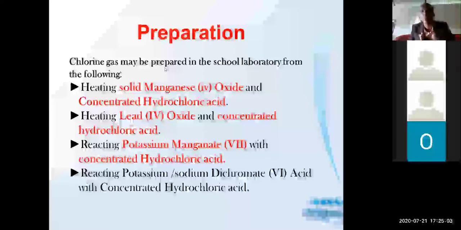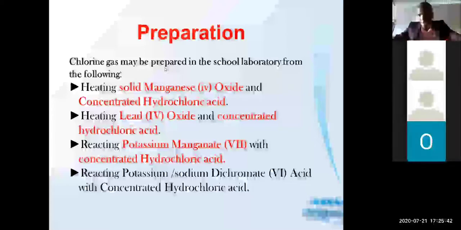No, this one should be prepared in the fume chamber or in an open air or area, because chlorine is a very, very, very poisonous gas, for your information. Why do we say that it is very poisonous? It has a pungent, choking, irritating smell that might interfere with your respiratory organ or system.